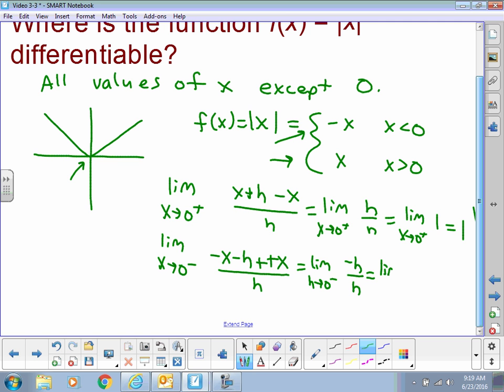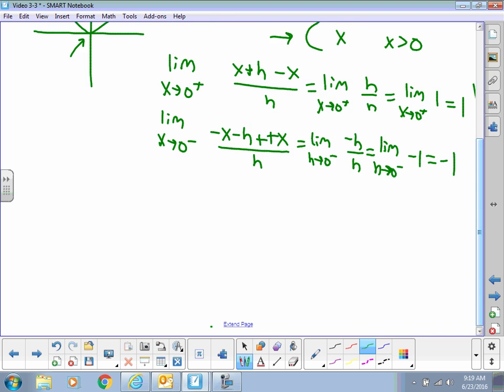So we'll have limit as h approaches 0 from the left of -1, which is just -1. The left-hand limit does not equal the right-hand limit, so therefore not differentiable at 0.